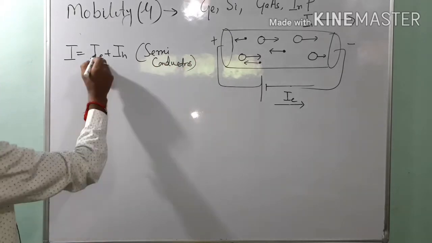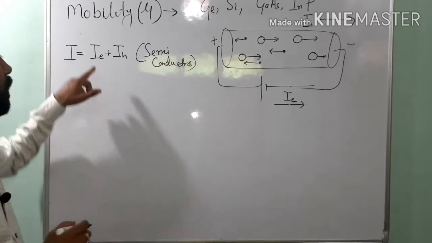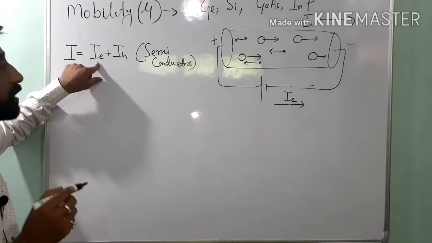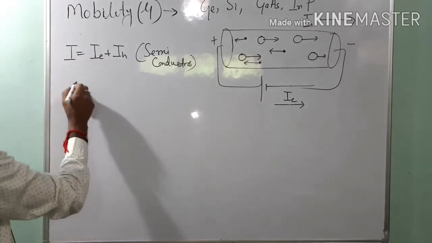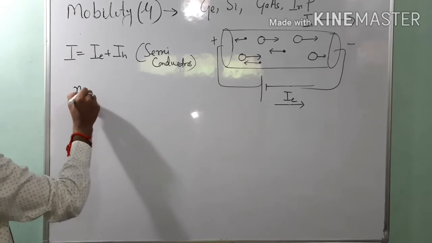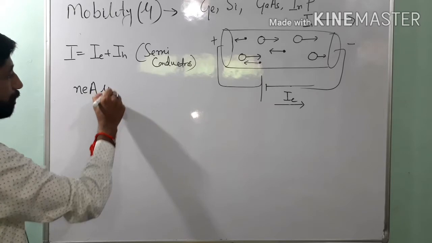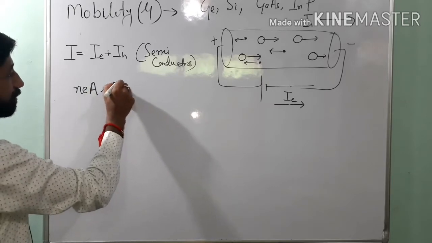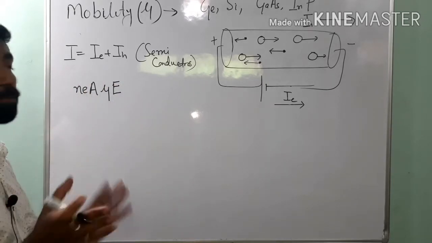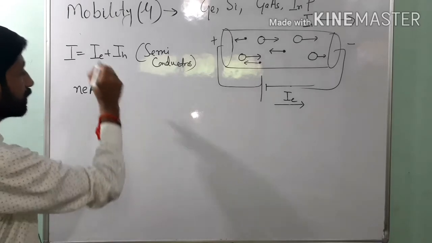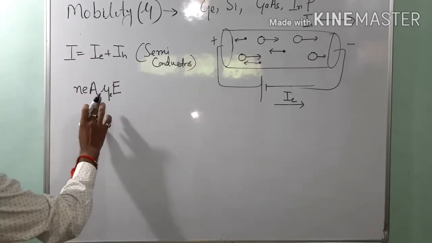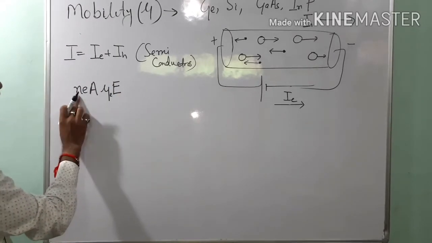Mind this. So what was the relation between the mobility of electrons and current? I was equal to N E A, then mu and electric field. The electric field is the same for both, but this is the mobility of electrons and that is the number of electrons.